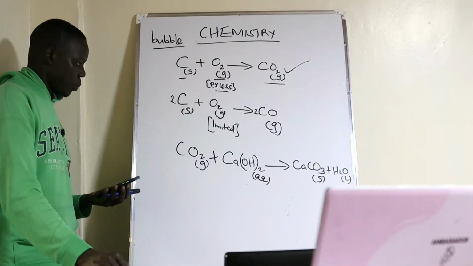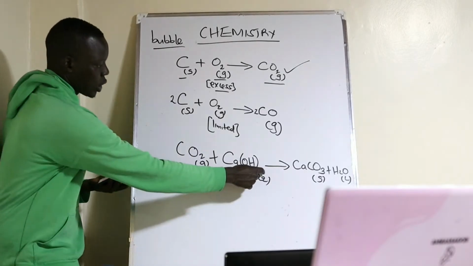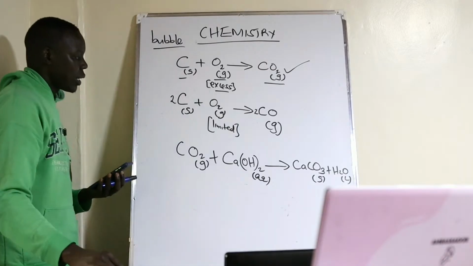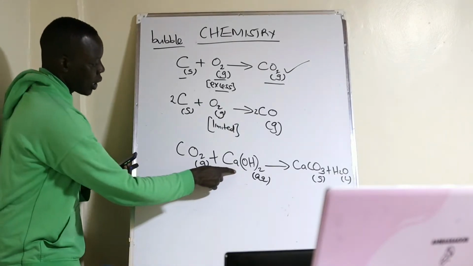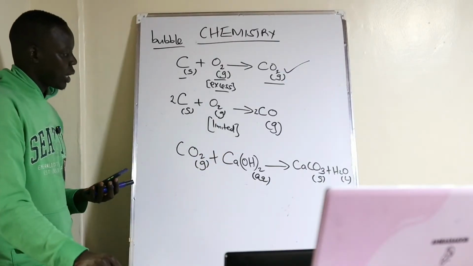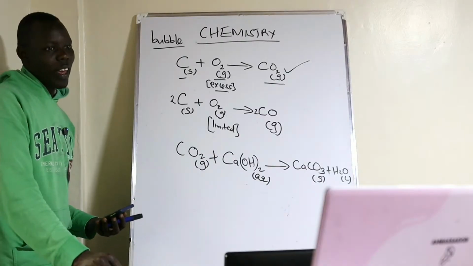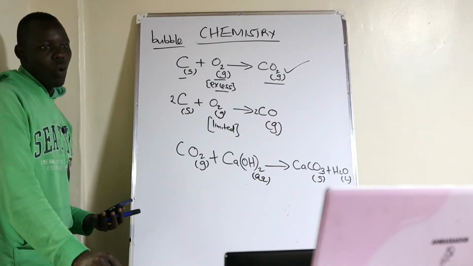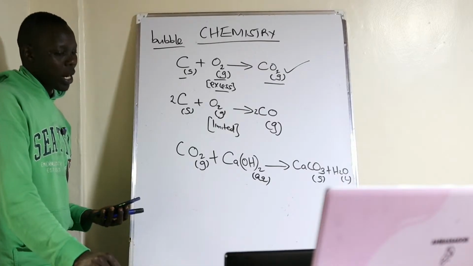Oxygen we have 2 plus 2. This 2 is for this oxygen and the other is for this hydroxide. So we have 4. On that side, oxygens are still 4. Calcium is 1, and calcium is 1 on that side. Hydrogen is 2 here, and hydrogen is 2 on the other side. So we can say that the equation is very well balanced.